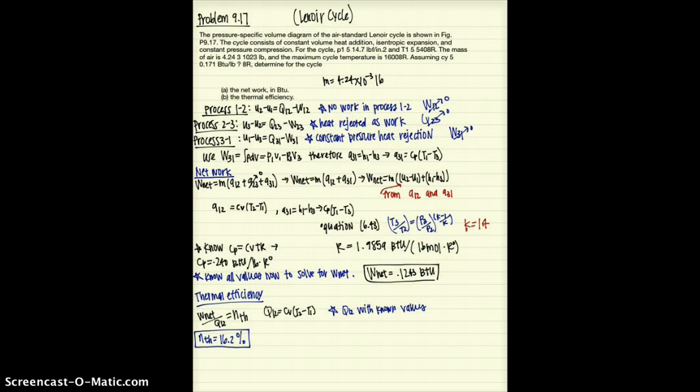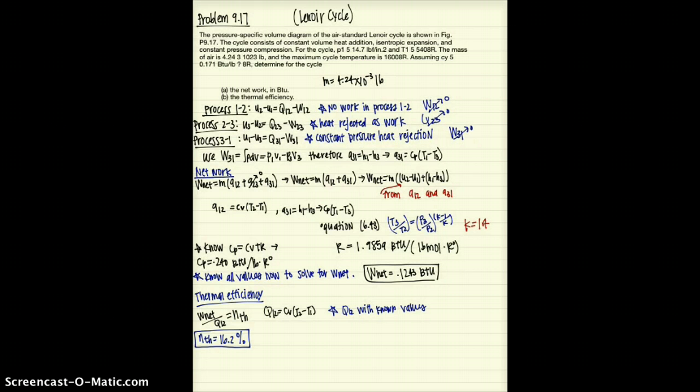We can now go ahead and calculate the net work using work net equal to mass times Q from 1 to 2 plus Q from 2 to 3 plus Q from 3 to 1. We can further reduce this equation by removing Q from 2 to 3 because the heat is rejected as work.